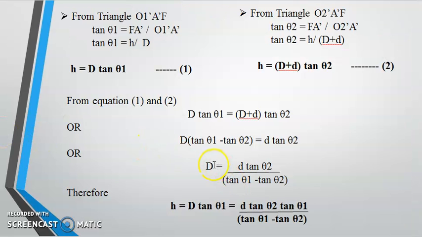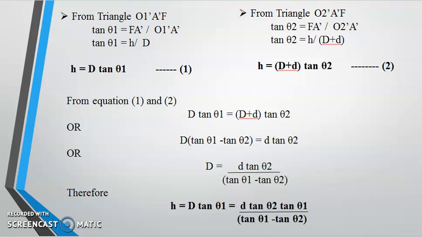So from here we will be able to get the horizontal distance capital D, that is the distance from the first instrument station to the base of the vertical object. Now we also know that h is equal to D tan theta 1. So from equation 1 we can again get the value for h. Therefore, h is equal to D tan theta 1, and I am substituting the value of D. So we will get this particular expression.